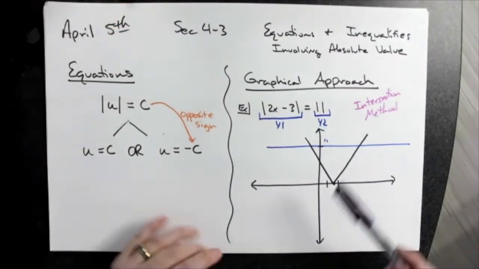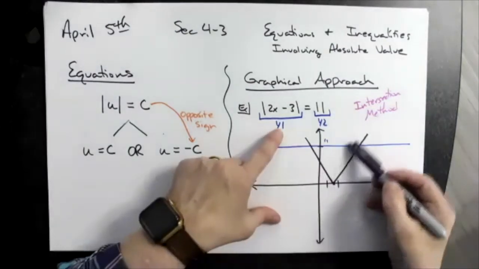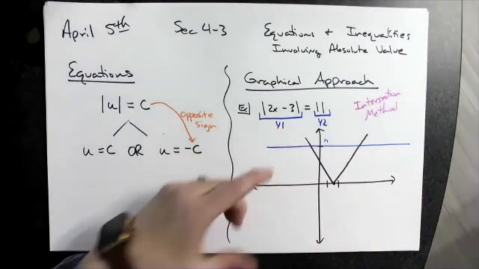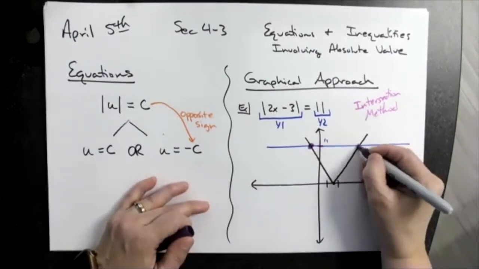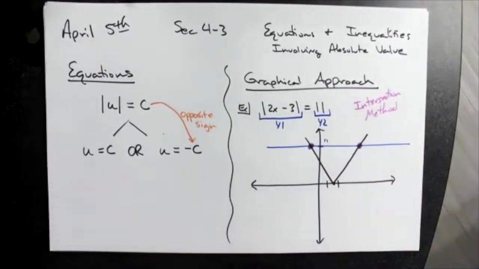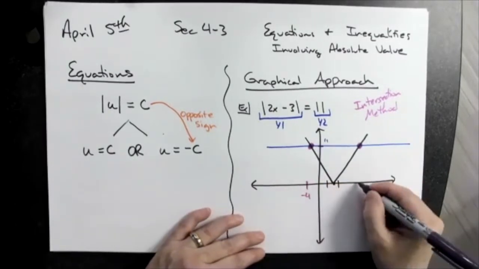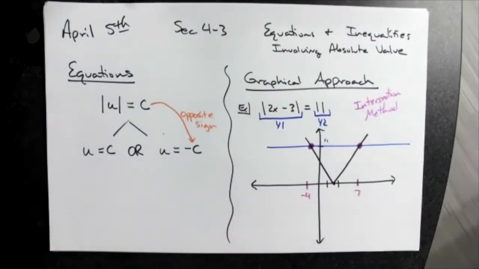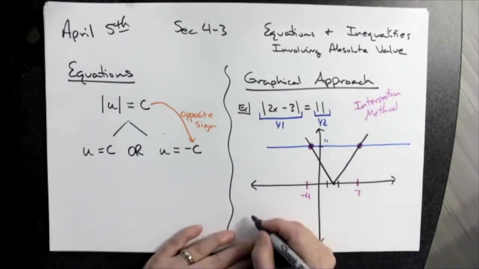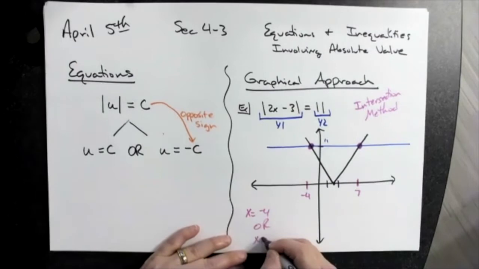Now, if this method is called the intersection method, then wherever the V crosses the horizontal line are going to be my solutions. So it crosses right there, it crosses right there, which turns out to be -4, and this turns out to be 7. So it's giving me 2 answers: x equals -4 or x equals 7.